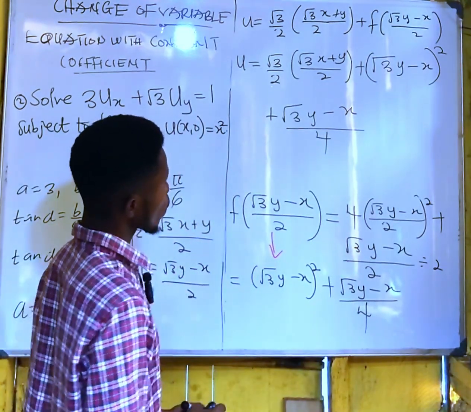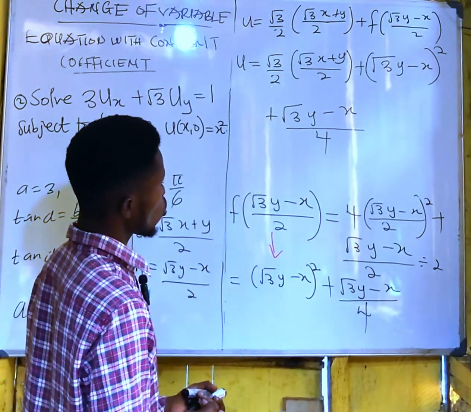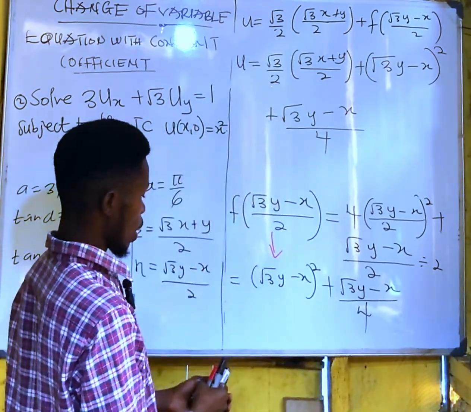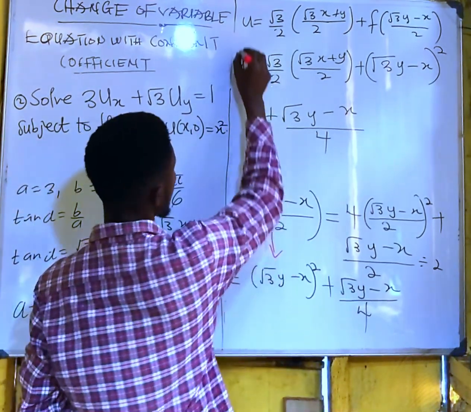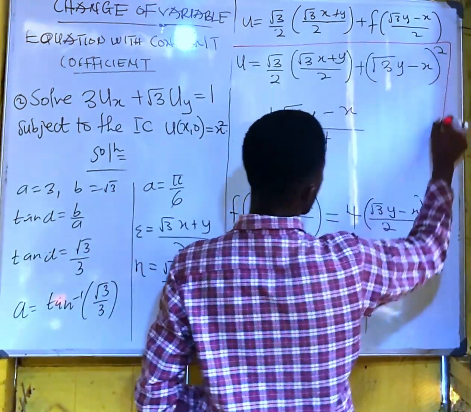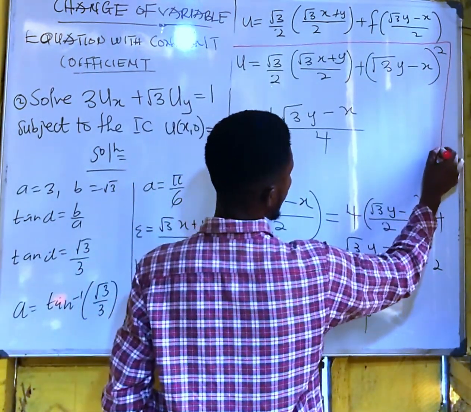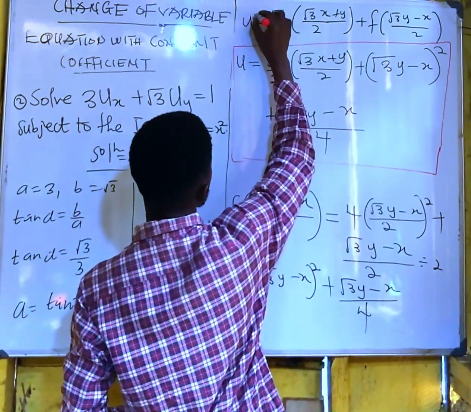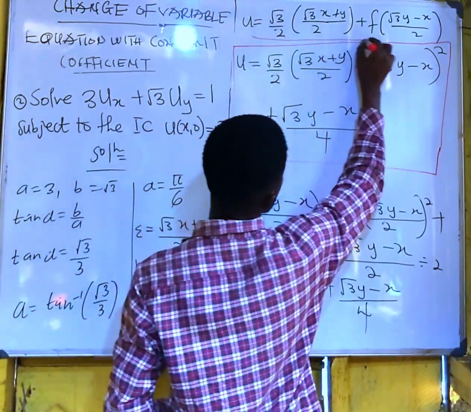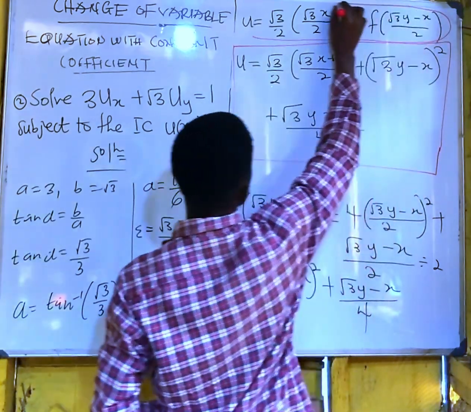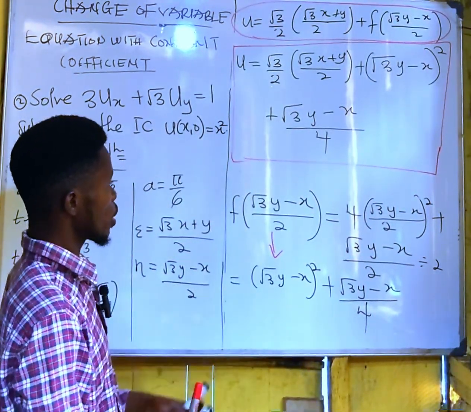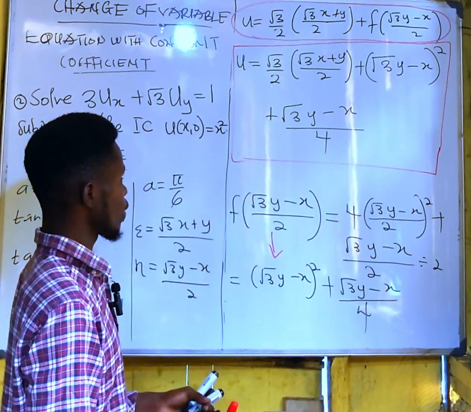Is that okay? Very good. So this becomes our particular solution. And this is our general solution. This one is our general solution. Is that okay? So please, you should take note of this. I think it's very simple.